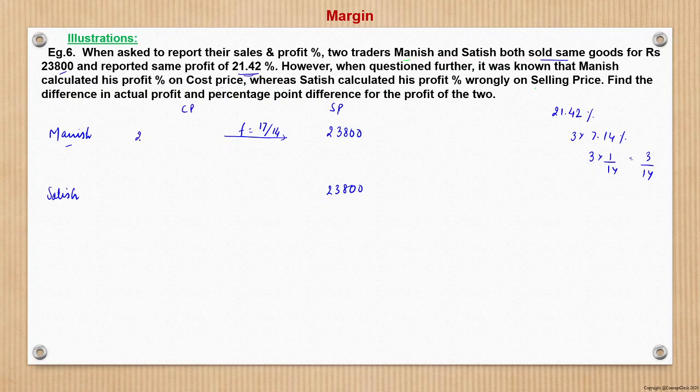It will be 23,800 into 14 by 17, right? If I want to get from here to here, f dash will be 14 by 17. Just reverse. This we have seen. So we can calculate this also: 17 into 1400 is 23,800, so 14 into 1400 is 19,600.